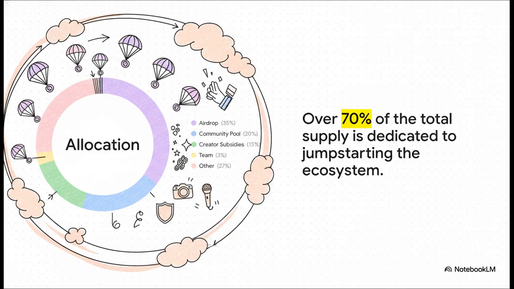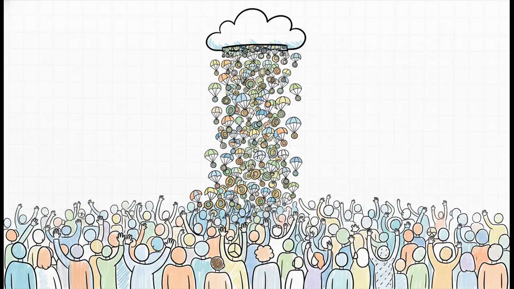The numbers here really show that the priority is to get this ecosystem fired up from the very beginning. Now that single biggest piece of the pie is the airdrop. We're talking 3.5 billion tokens, and they're going to eligible VRA holders. The strategy here is pretty clear, right? You seed the network by getting a huge chunk of the supply into the hands of an already established and engaged community, right from the start.